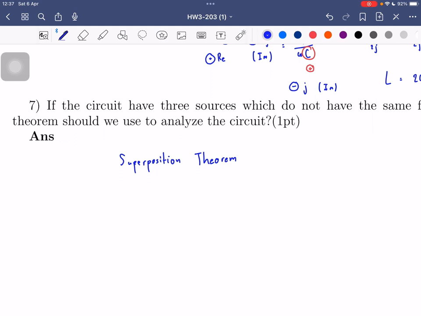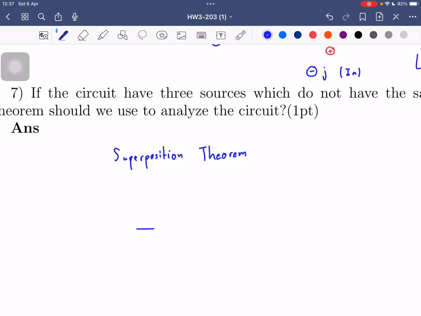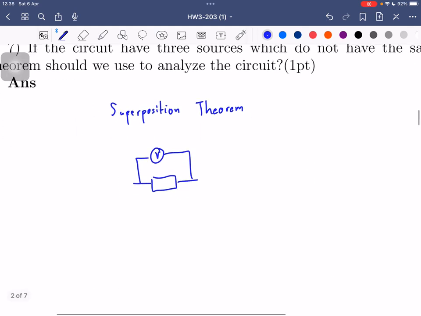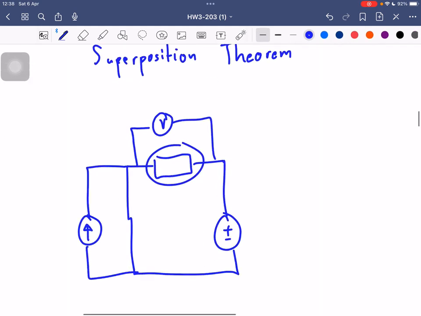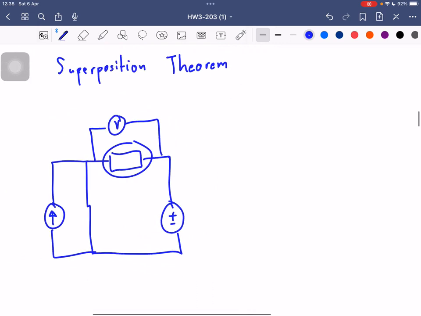The superposition theorem states that, let's say we have some component and we have to find the voltage. In the circuit, we have multiple sources, something like this. We can say that the voltage or the current flowing through this component is equal to the effect of each source acting on it.